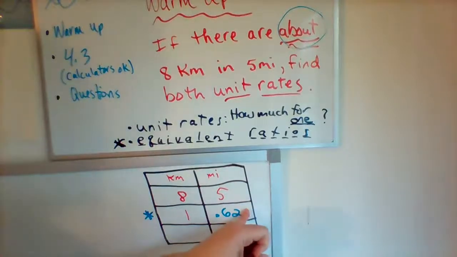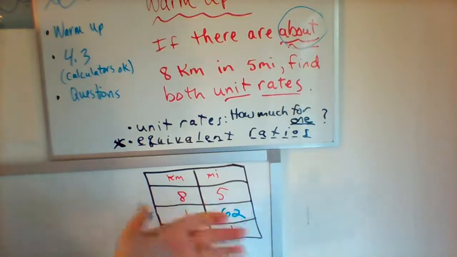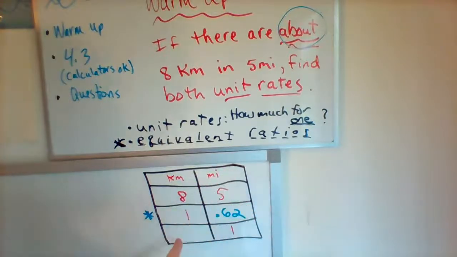Are you talking about this one? Is this where your answer goes? Because you would say then 1.6 miles. Is this where your answer goes? Because then you would say 1.6 kilometers.